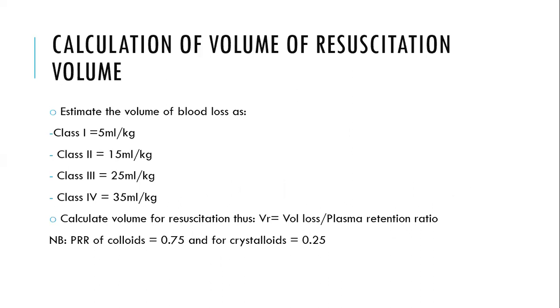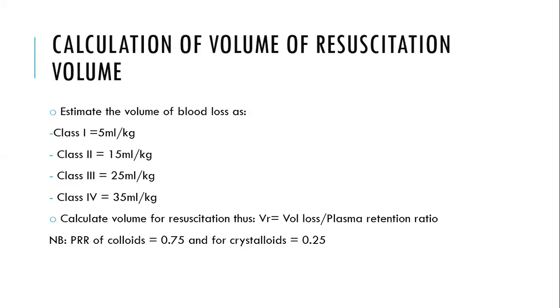In hypovolemic shock, there are 2 steps you want to take. Number one, estimate the volume of blood loss, like we do from class 1 to class 4. After you have done that, the volume of resuscitation can be calculated from the volume loss. For instance, a patient that has lost about 15 mL per kg, so 15 mL times 70, becomes the volume loss, and you divide this by the plasma retention ratio of the fluid you want to use to resuscitate such a patient.